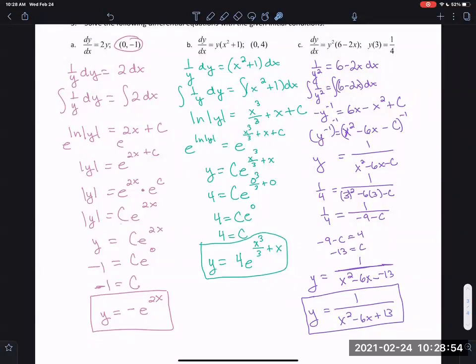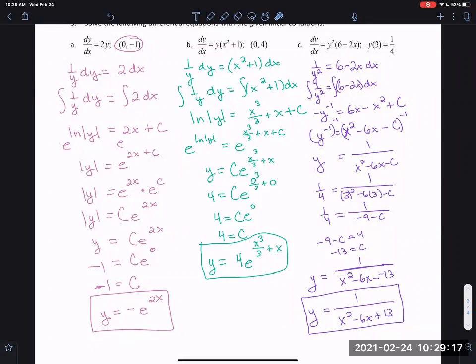And I got to this same situation I had in the previous problem, where after you take the antiderivative of both sides, you end up with negative y to the negative 1. So I did the same thing I did before. I multiplied through by the negative, and then I raised everything to the negative 1 power. So I have my y equals form.